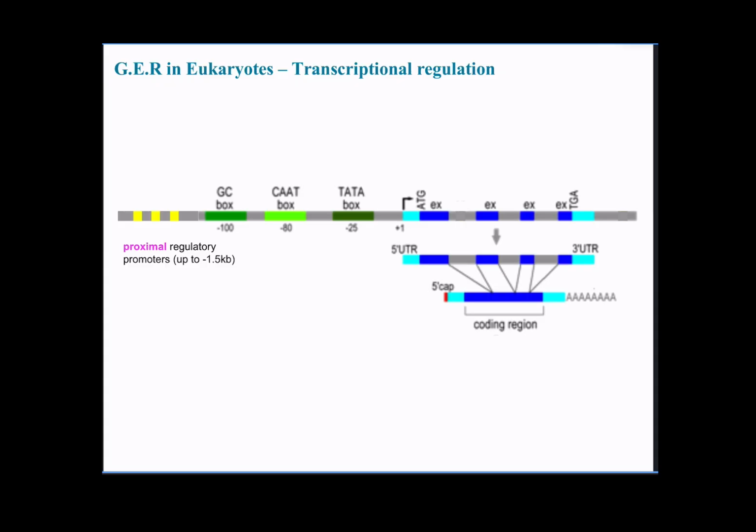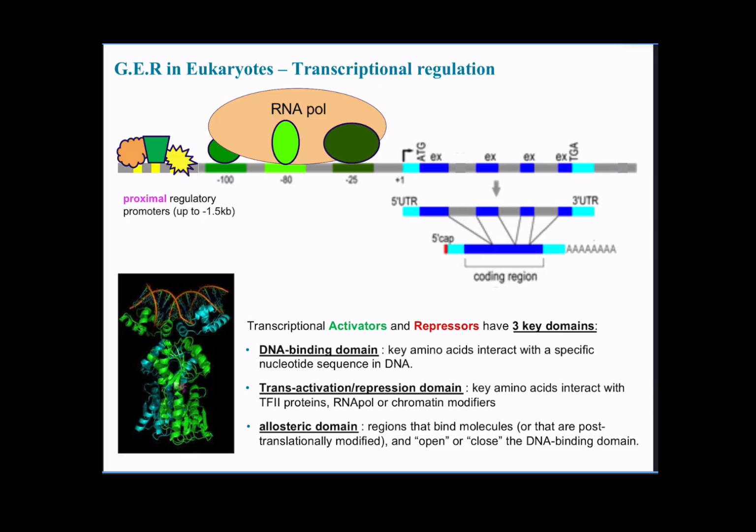So the way these regulatory promoters work is not much different from what we saw in bacteria. In the core promoter, you'll have the assembly of the initiation complex, those TF2 family of proteins that I mentioned before, and RNA polymerase. But then there are going to be these transcriptional activators that will induce that assembly, and also some transcriptional inhibitors that may inhibit it.